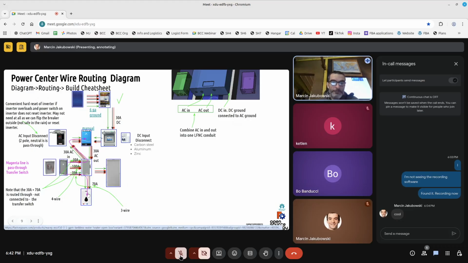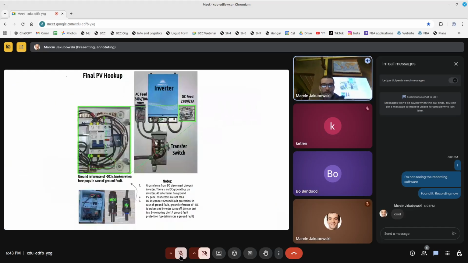You have the large load of the on-demand water heater. If you're connected to the grid, you have a power meter and an exterior breaker box, etc. So this is all the system components, including DC breakers. There's AC breakers in the main panels, a PV combiner. So there's a few elements here which we work with.